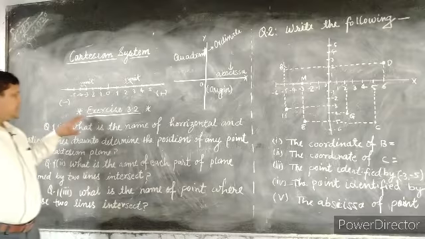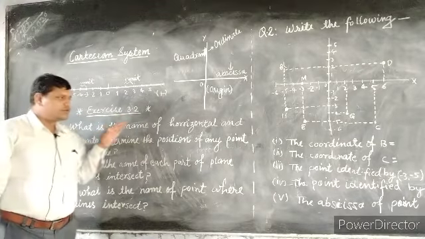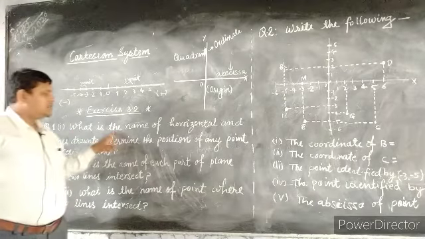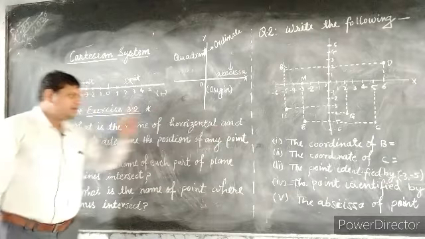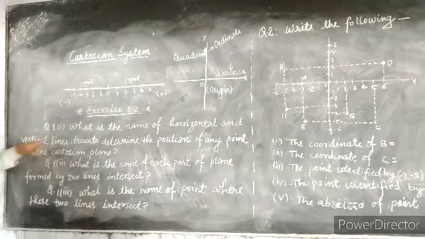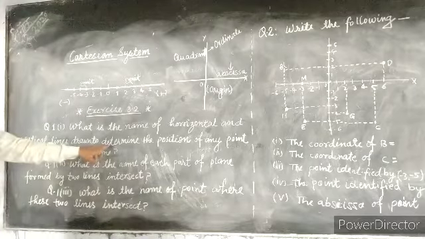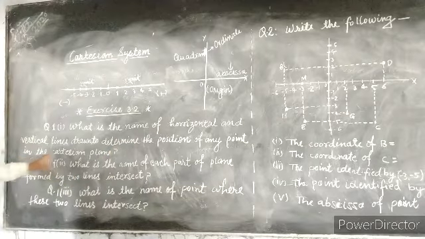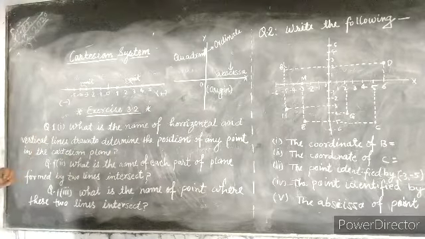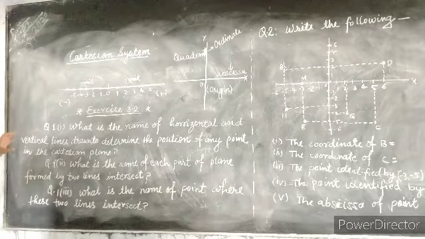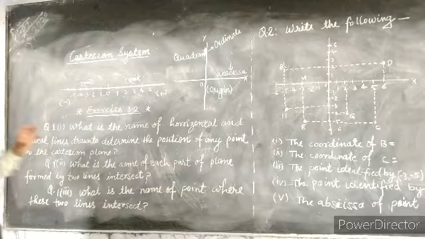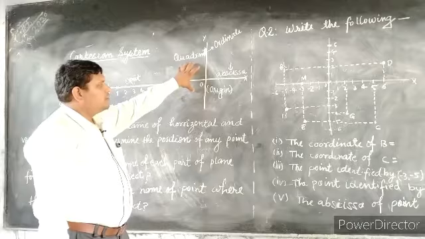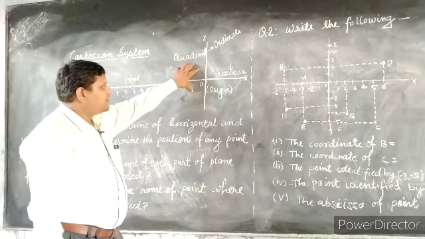So this is your exercise 3.2, and your first question is, what is the name of horizontal and vertical lines drawn to determine the position of any point in the Cartesian plane? Actually, this is a graph which is used to represent the coordinates.